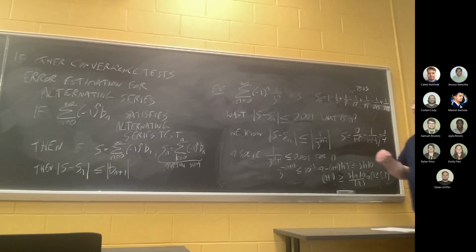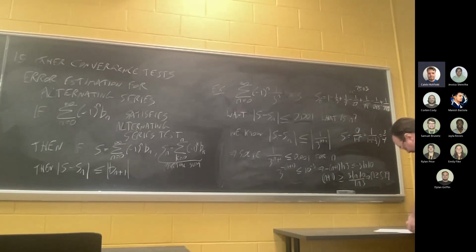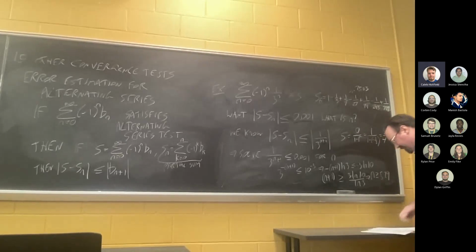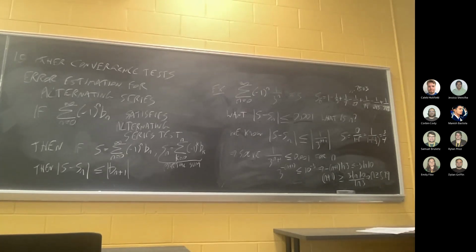In this case, where your bn are positive, the even partial sums are always above the true sum, and the odd partial sums are always below it. So this is S6; S5 would be below, it keeps bouncing back and forth. So not only do you have an idea of the magnitude of your error, you definitely know the sign of your error. If I were to go ahead and compute S7, then I'd be bracketing the exact value.